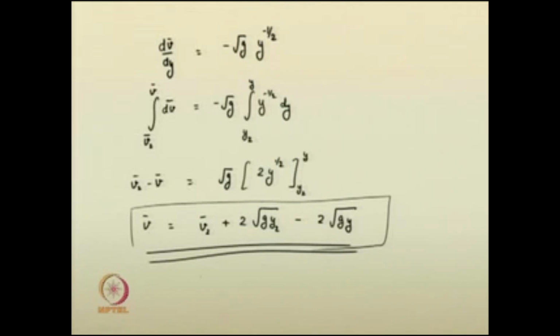From this solution, what can we infer? V w is the velocity of wave, whereas C w is the celerity. I can get C w, you know, that this is a negative surge, that is, this negative surge is propagating to the upstream.